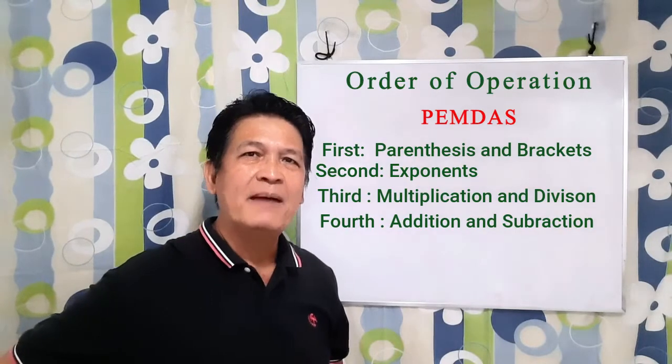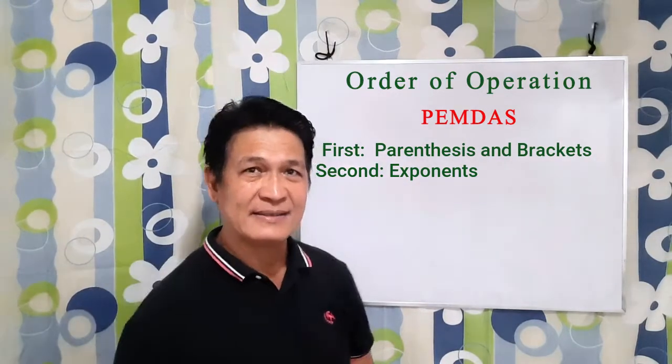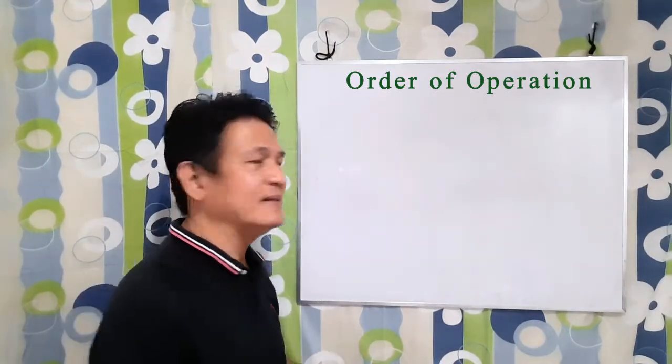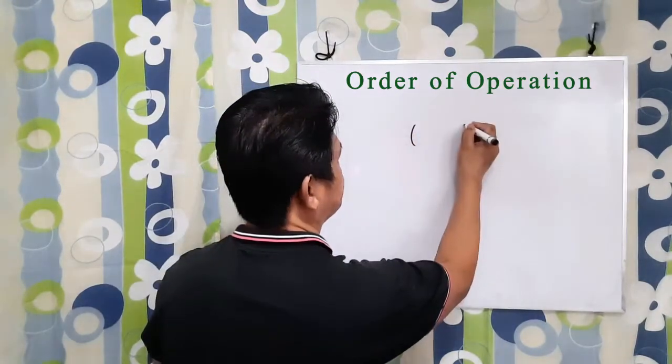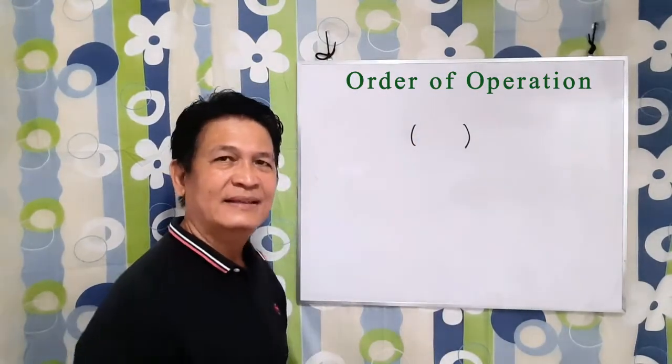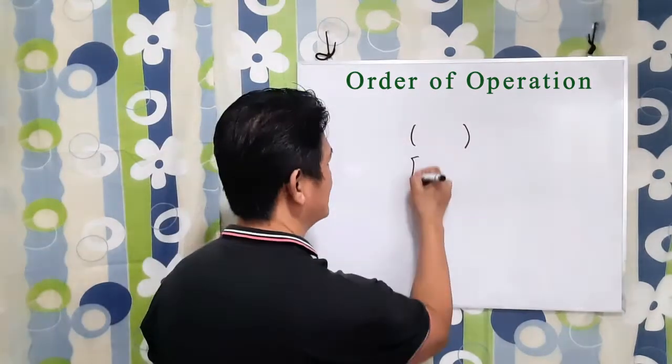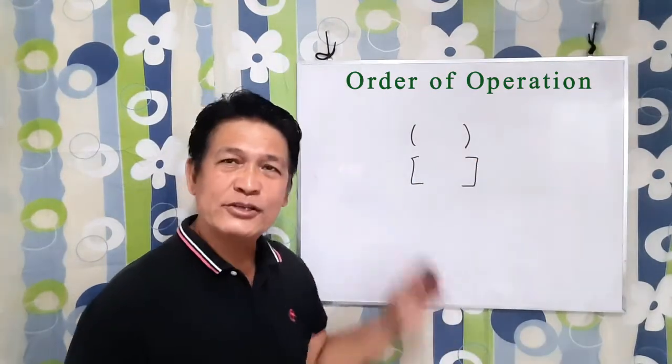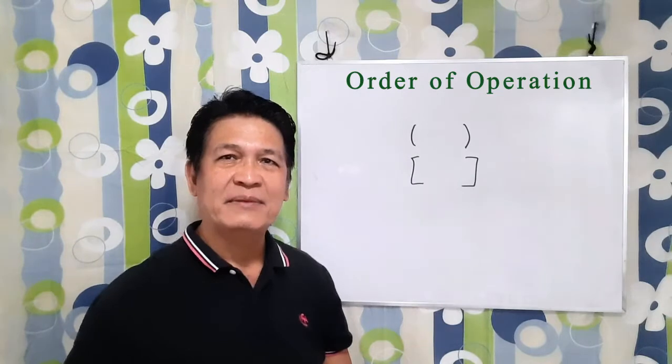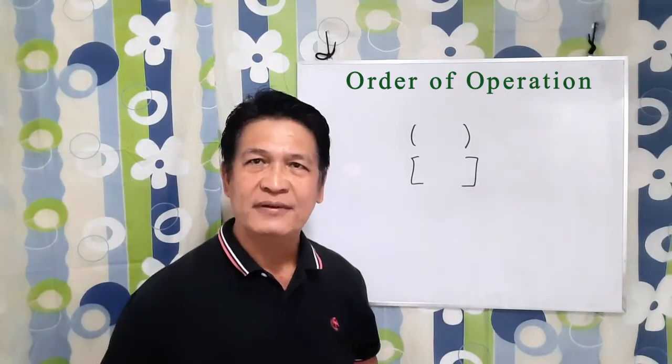First, let us think of parentheses and brackets. The symbol of parentheses is like this, and the symbol for a bracket is like this. The use of these two symbols is the same: to group certain units of numbers.